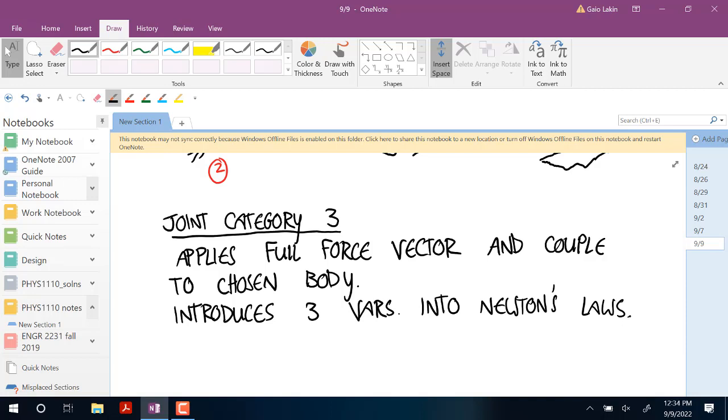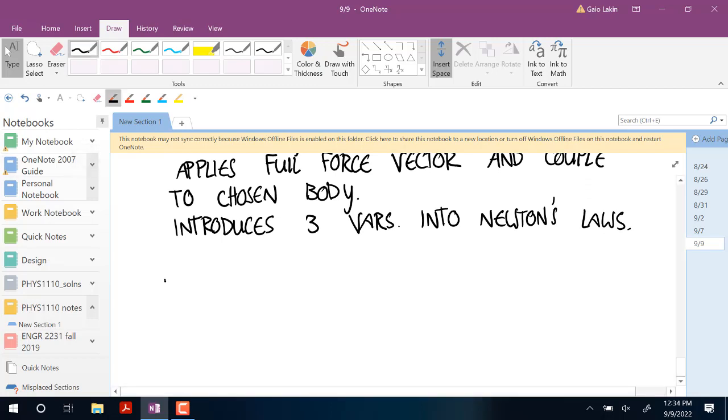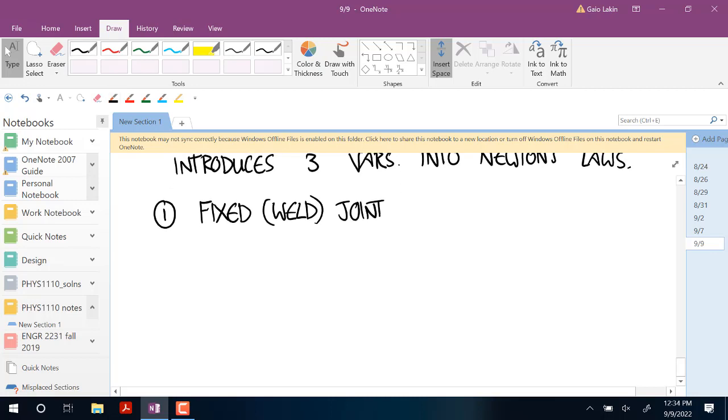Well, that means that this thing is just held rigidly in place by the other object. And so this is called a fixed joint or a weld joint. And it's usually just drawn something like this.